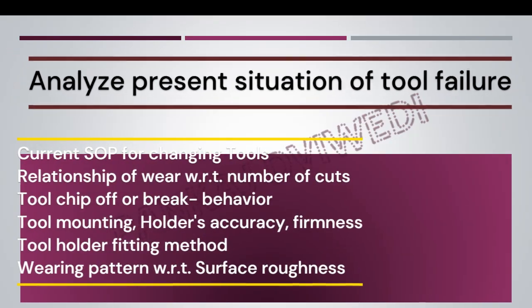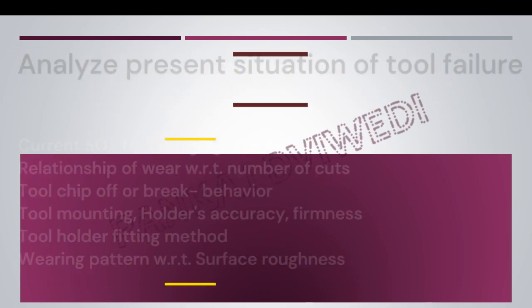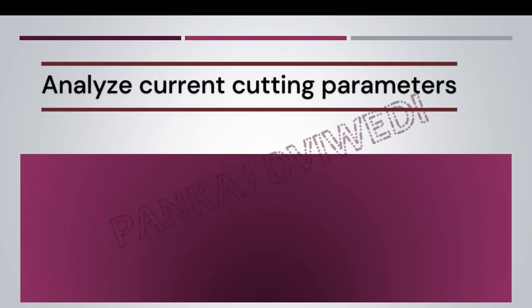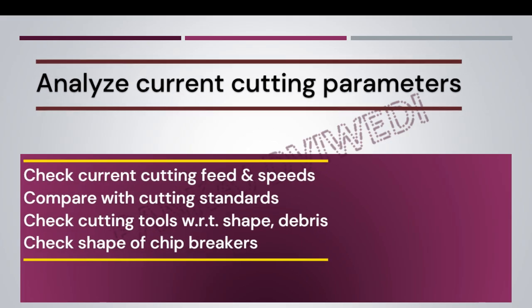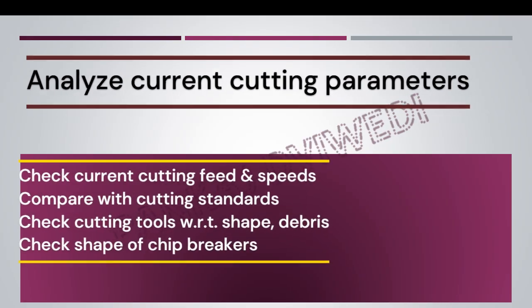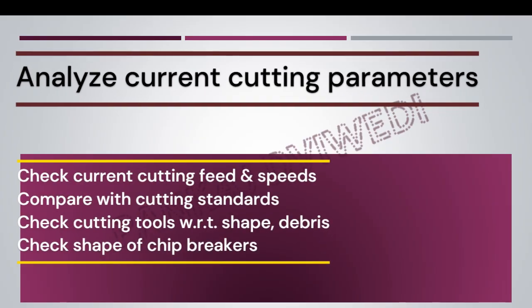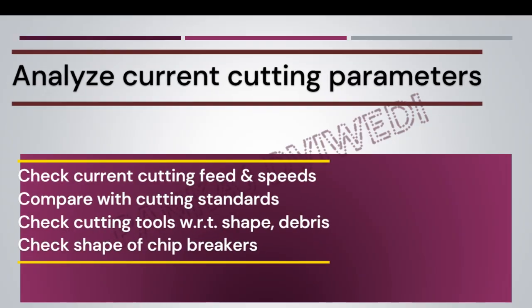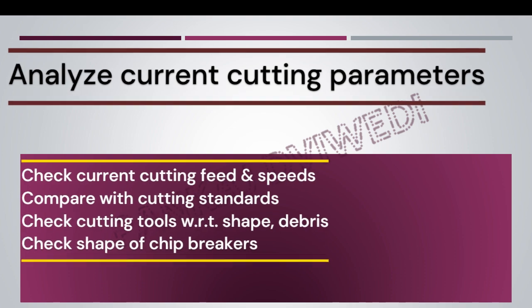Now the next step is to analyze the current cutting condition. Study and record what cutting feed and speed are being used right now. Compare those cutting feed and speed with the cutting standards. Manufacturers of cutting inserts nowadays give a band of feed and speed in which their tool will perform optimally.